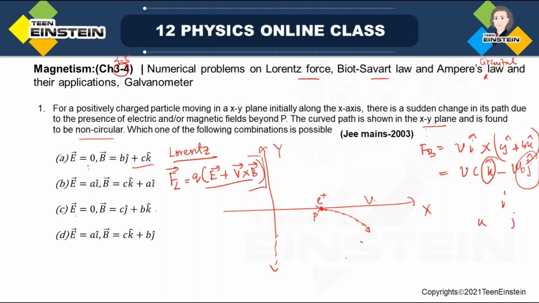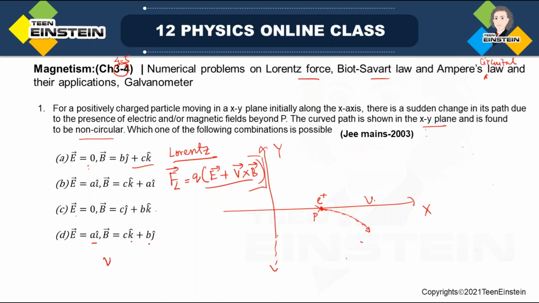Okay, if only the magnetic field is there and no electric field, we have examined those. Now we'll examine option B and option D. Let us first see what option D is saying. D has an electric field along the i cap direction, and it has magnetic field along the k and j cap directions.